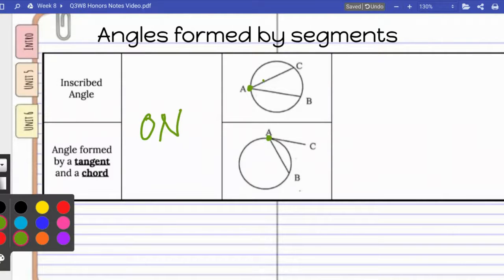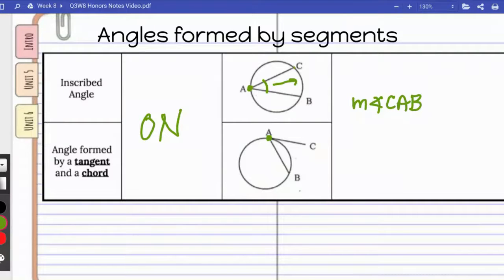So I've got my angle here. This is angle CAB, which is across from arc CB. Well, on the previous example, since the vertex was located in the center, the arc was the same size as the angle.